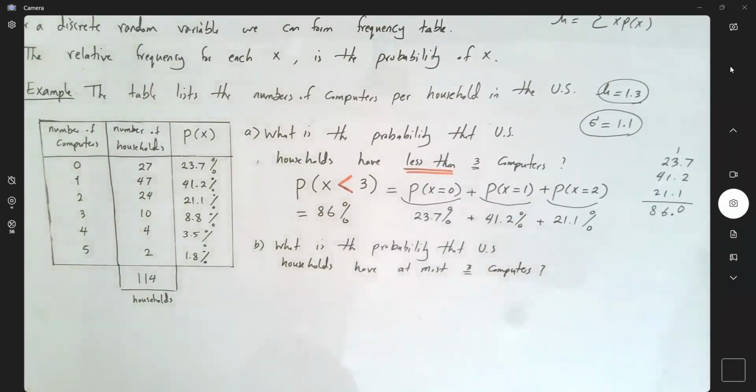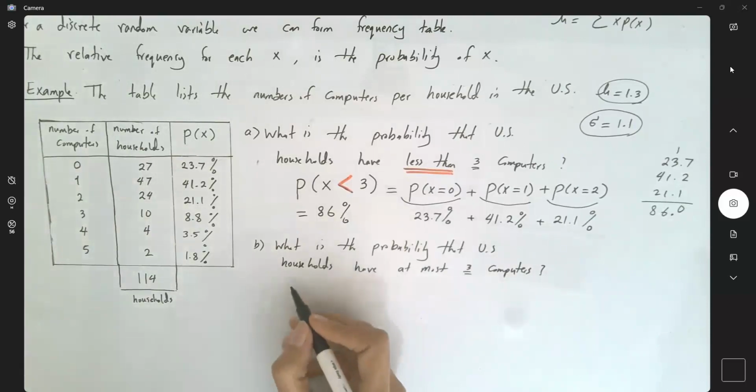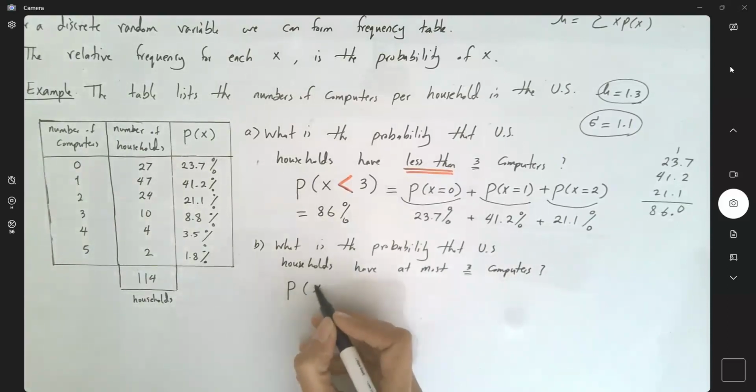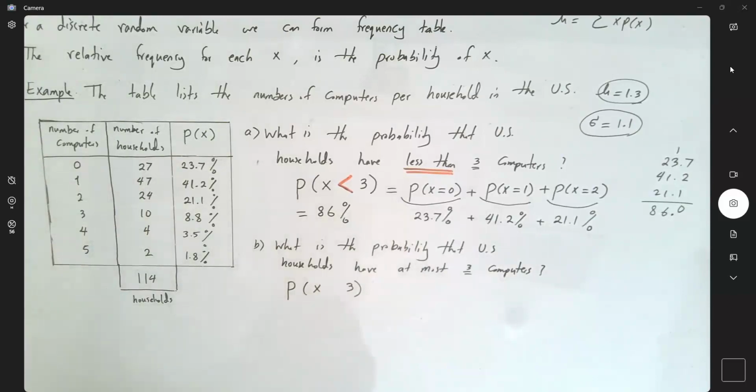Okay, at most. When we're talking about at most, it means that we include 3 as well, unlike the previous example. So we're finding the probability that x is less than or equal to 3. At most, less than or equal to. It means that you need to include 3 as well.